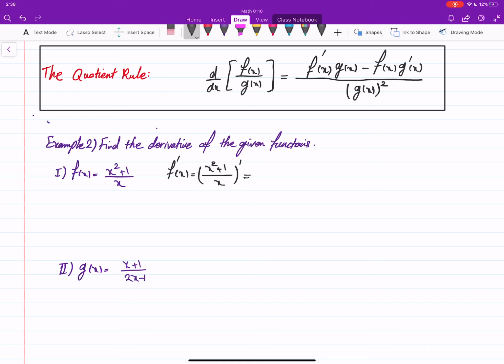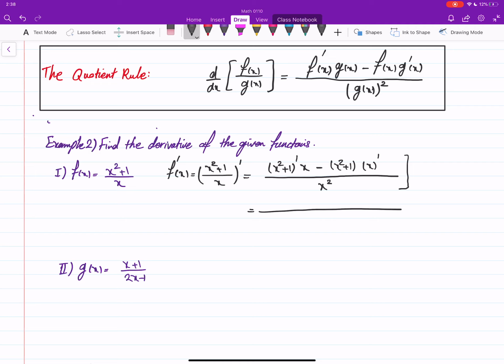So the quotient rule says: find the derivative of the numerator times the denominator, minus the numerator itself times the derivative of the denominator, over the denominator squared. The quotient rule is already applied, but now I have to find the derivatives.